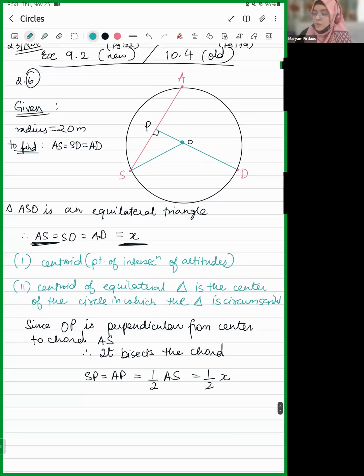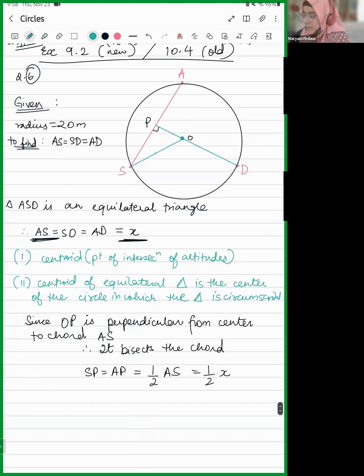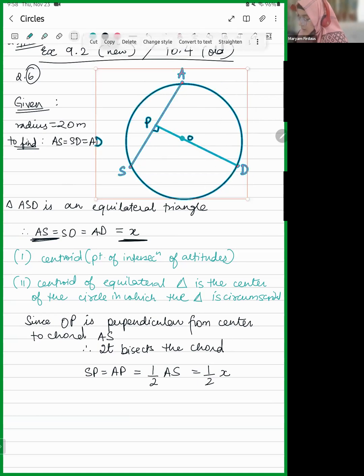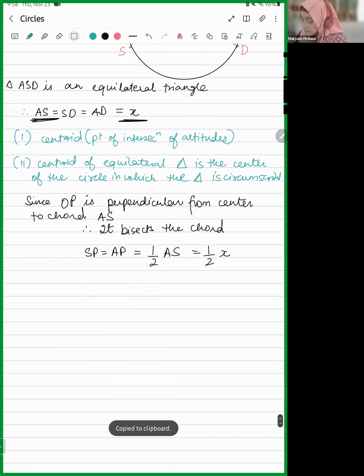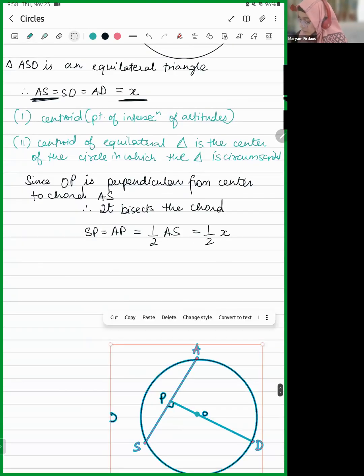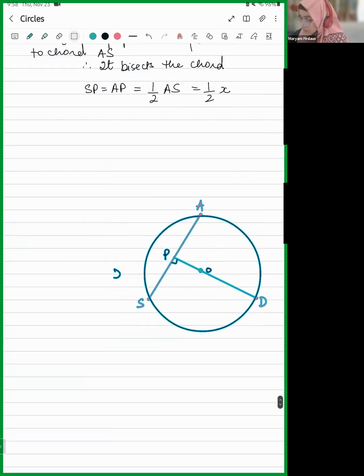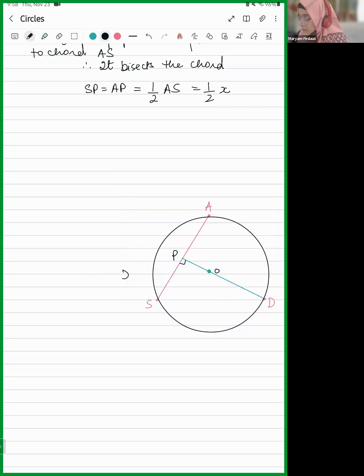I am not going to redraw the entire diagram, or maybe what I should do, just a minute, for your convenience, I'll make two diagrams. This is the diagram that you have to draw, the one that I'm going to draw right now. Please draw it simultaneously.